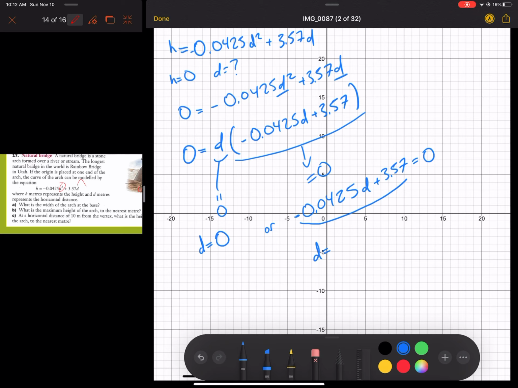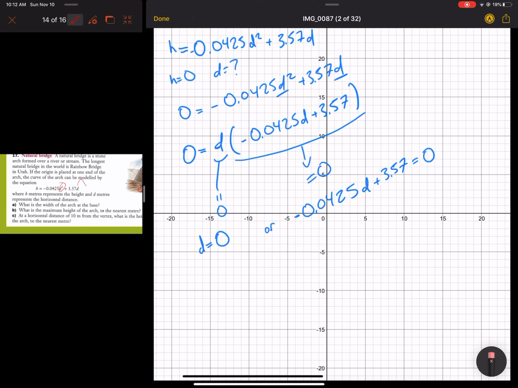D equals, or actually, negative. You know what? Let's multiply the whole thing by 1,000, right? I want to get rid of the decimals, so I'm going to multiply both sides. This by 1,000 and 0 by 1,000.